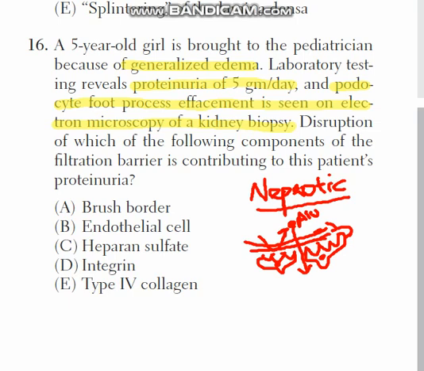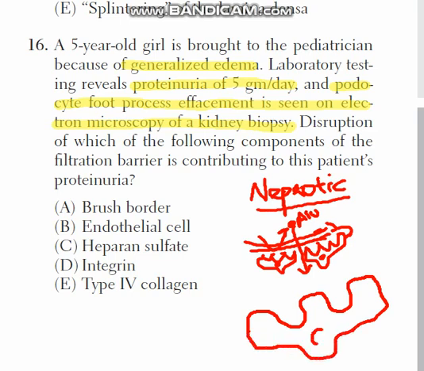So let's discuss something about the heparan sulfate. As I said, the podocyte foot processes have negatively charged particles, and these negatively charged particles act as a charge barrier, okay.